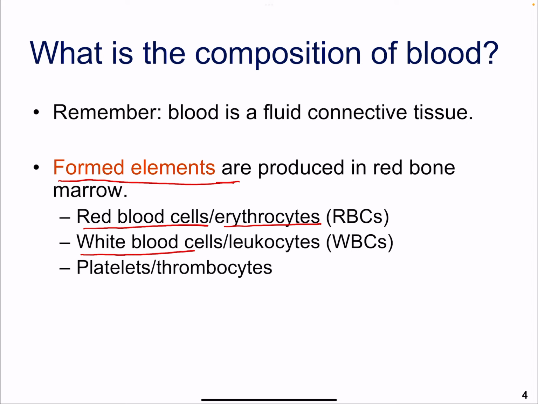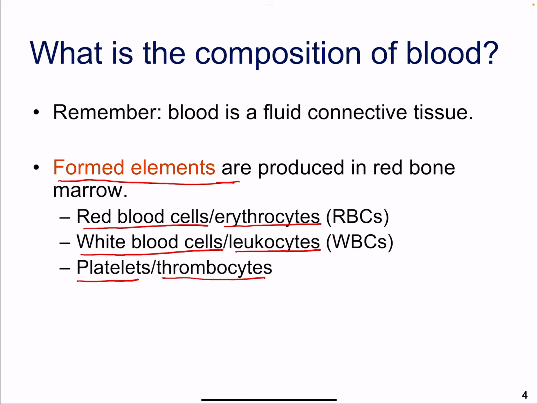The white blood cells, also called leukocytes, I also want you to remember that fancy name, the leukocyte, and the platelets, also called thrombocytes. Please remember for each of the items the two names. Red blood cells, erythrocytes, white blood cells, leukocytes, platelets, thrombocytes.